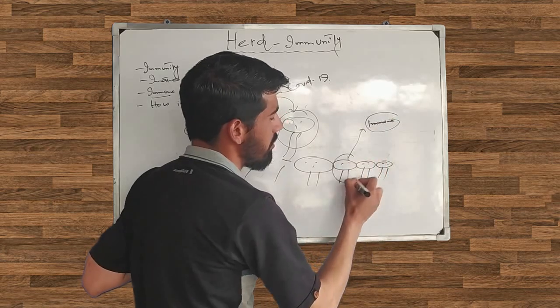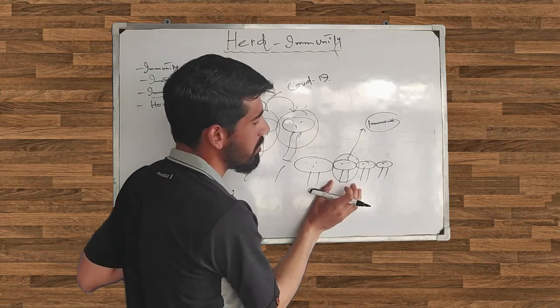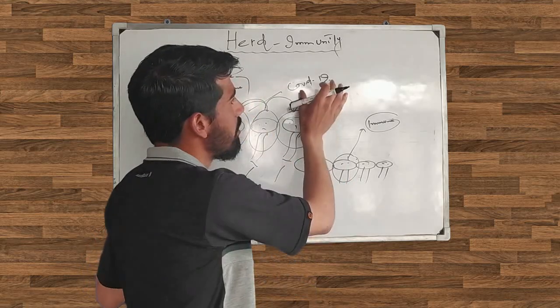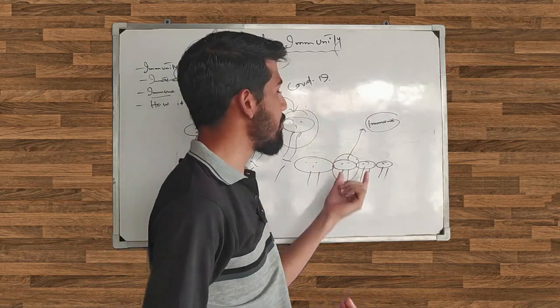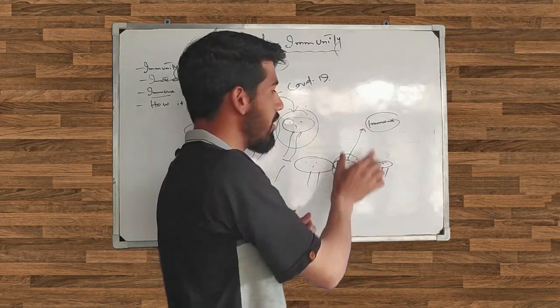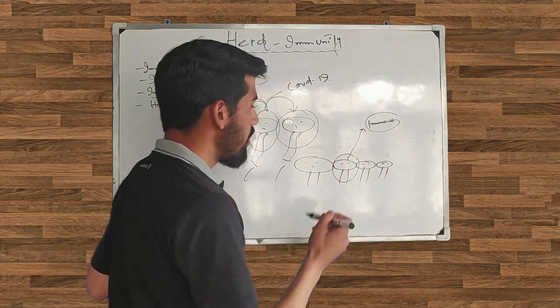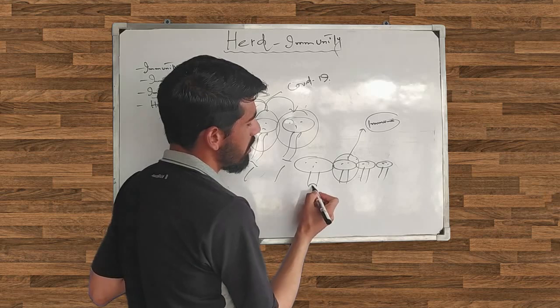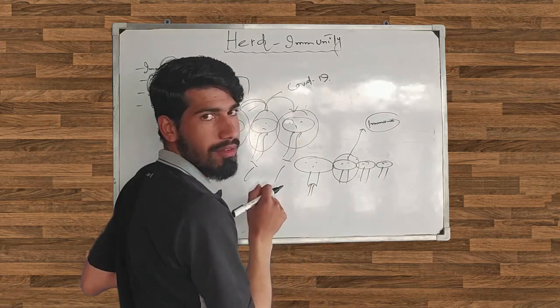This is an immune person. This person was already affected by COVID-19, but after some time recovers. It produces specific antibodies against COVID-19, and it recovers. That's called immune.